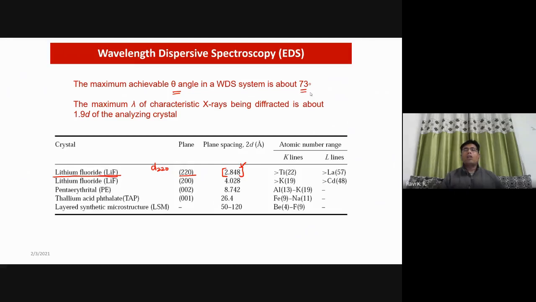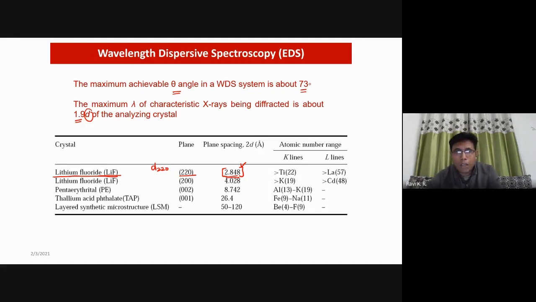So in that case, how much can we actually move? Generally you can say about 1.9 d of the analyzing crystal. Suppose you have 2.848, you can actually go on either side, down to 2.48.